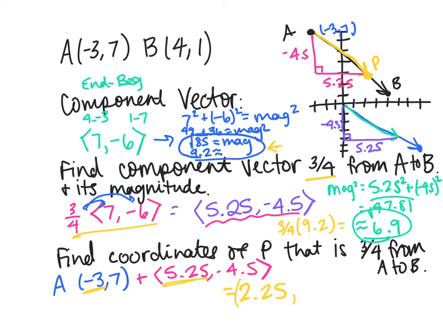And then add the y's together. 7 plus -4.5 equals 2.5. And that tells us that that is where point P would end up.